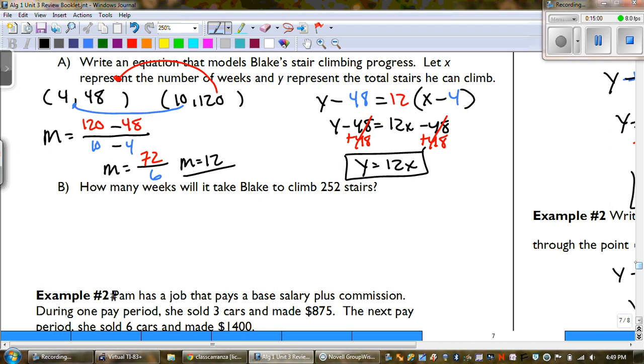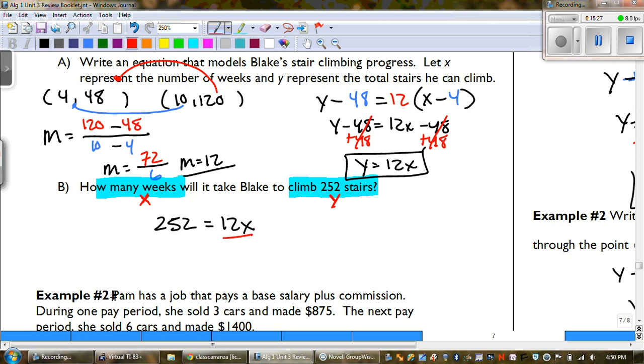Now, how many weeks will it take Blake to climb 252 stairs? So how many weeks in stairs? Well, we just talked about that weeks was our X and stairs is our Y. Okay, so when we plug into our original equation, which we just figured out, the 252 is going to be my Y, and then 12x.